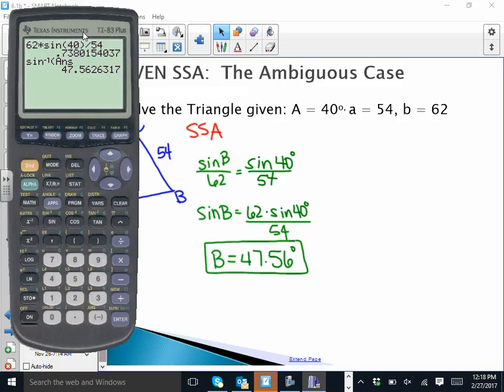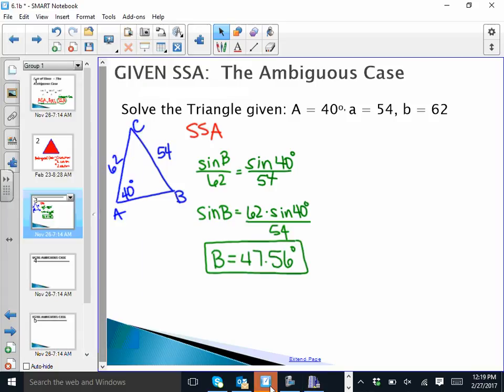And do you see how all of these have green letters above them? Since this is angle B, I could say store in alpha B, enter, and then anytime I hit alpha B, it's going to give me that angle B, not rounded. So if you ever want to use an answer again later in a problem, you can use that store feature. All right, so let's come back to our problem.